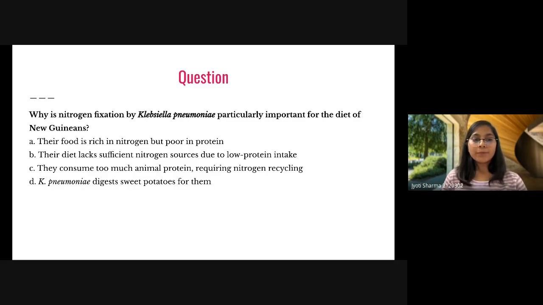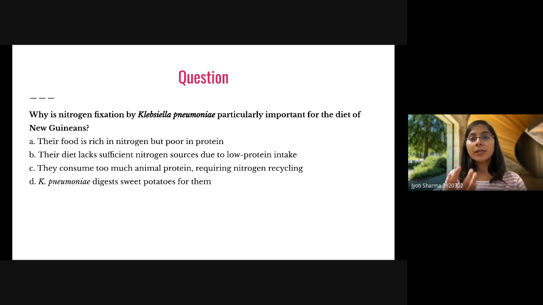So what will happen? In the tropical region, when there is an ample amount of potato or carbohydrate source, that place does not have the protein source. And because we need nitrogen, and that nitrogen will help us to synthesize the protein.